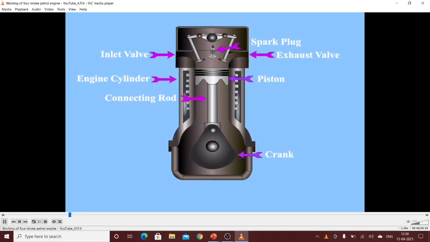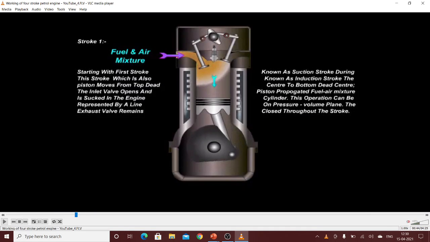The first stroke is called the inlet, intake or suction stroke. In this, the inlet valve is open, the exhaust valve is closed, and the piston moves from top dead center to bottom dead center.